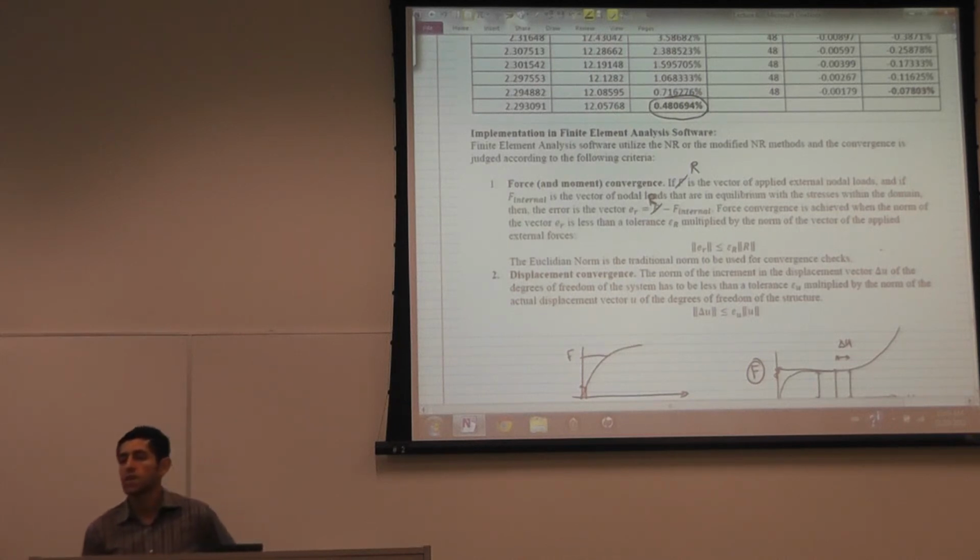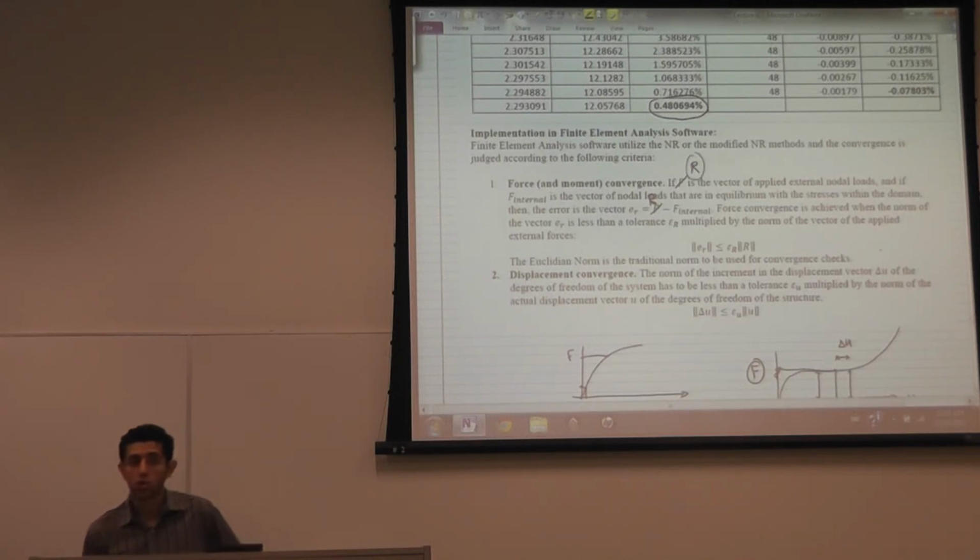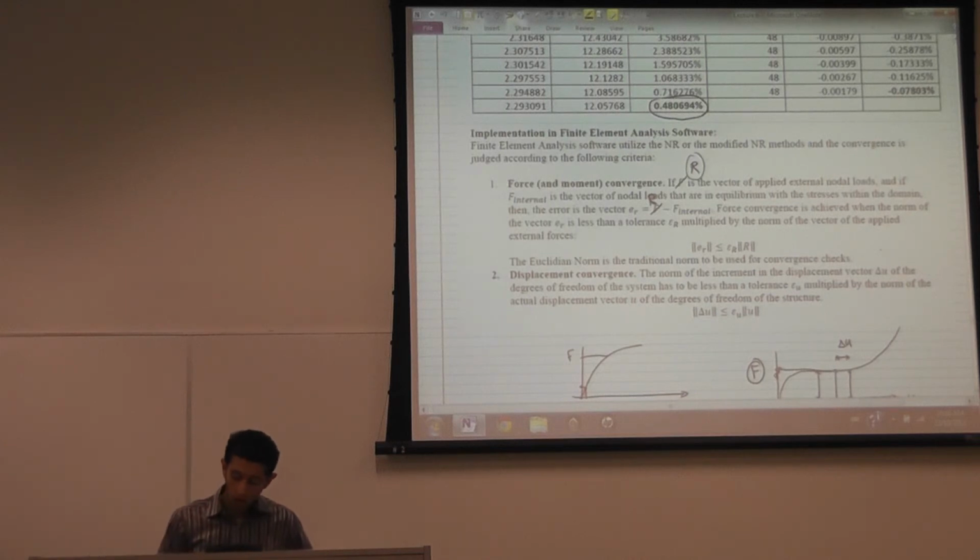In the finite element analysis, I have a vector of external forces, which is what we call R, a vector of the external forces applied on the structure. And I have a vector calculated of the internal forces that correspond to the displacement, because I have the relationship between the forces and the displacements. So given the displacement, I know what the internal forces should look like.